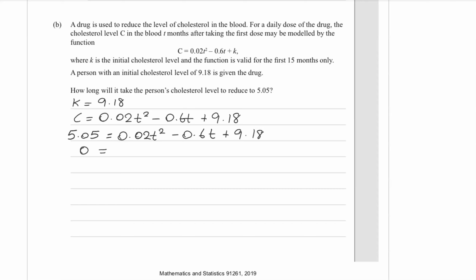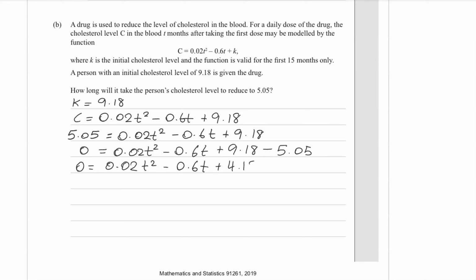I want to make the equation equal to 0 because it is a quadratic. So again, I have 0.02t squared minus 0.6t, and this would become 4.13.